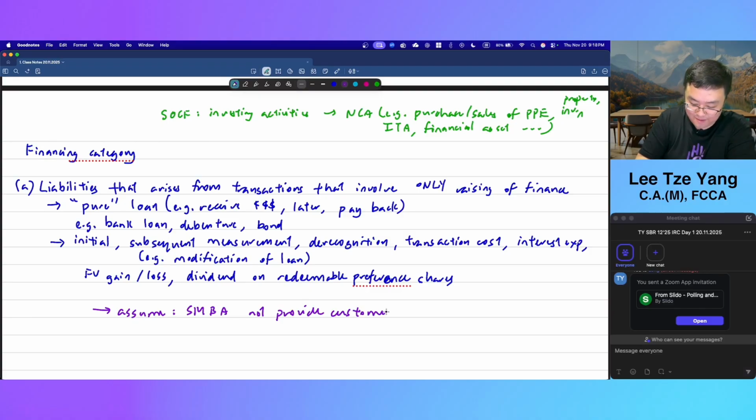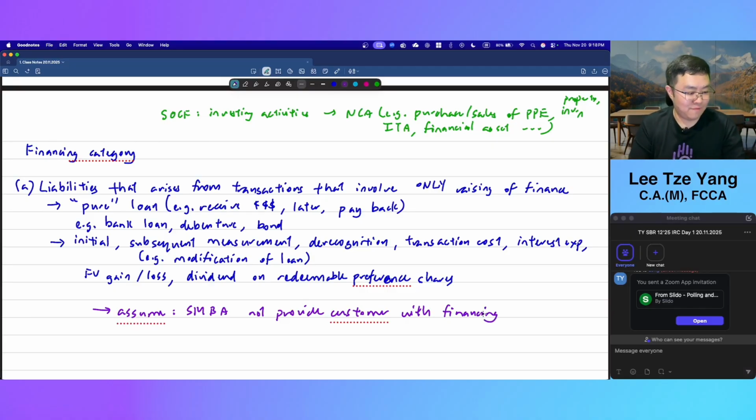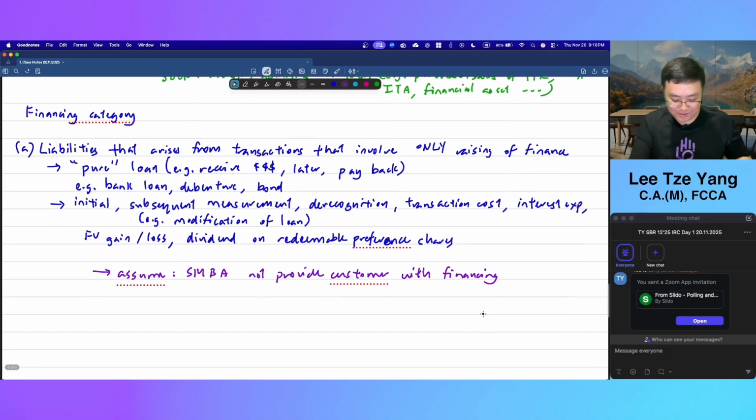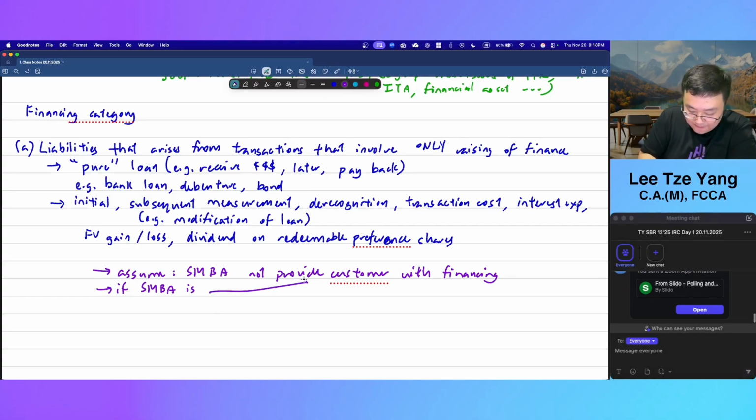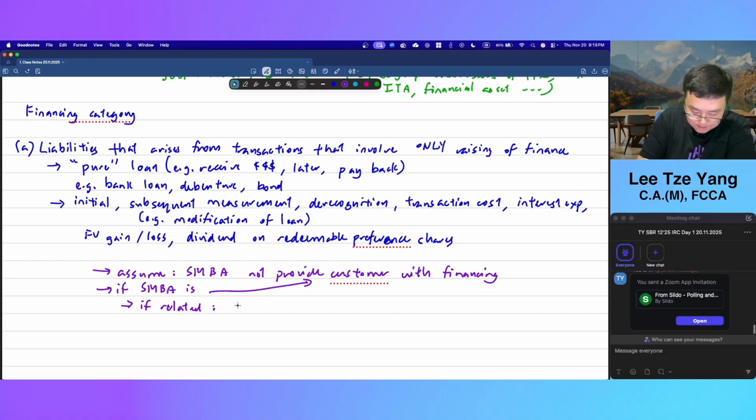Of course, this is a very important assumption, because if our SMBA is to provide customers with financing, this will be operating already. That's the idea, everyone.